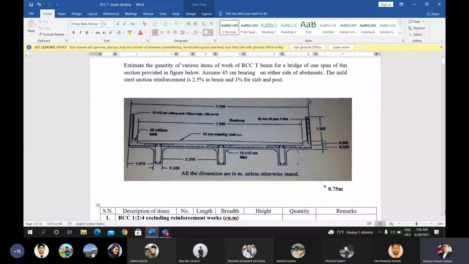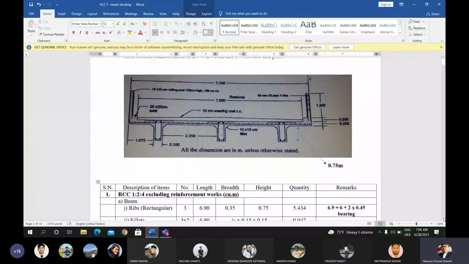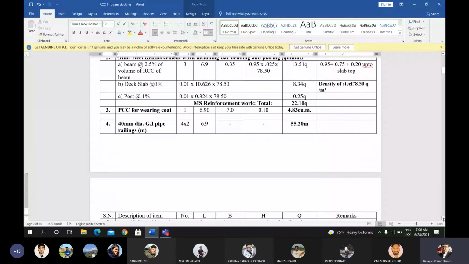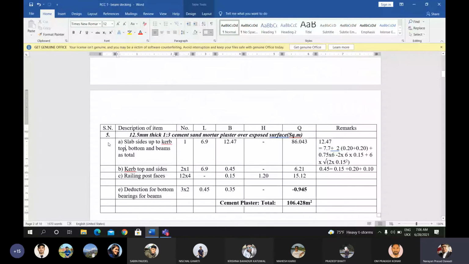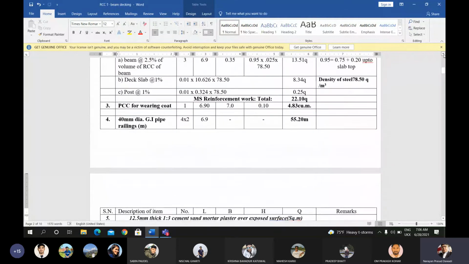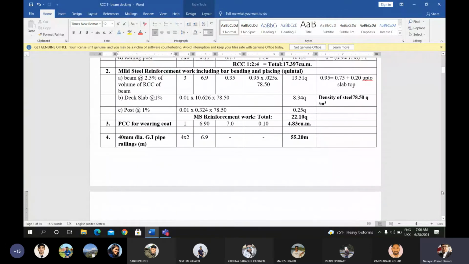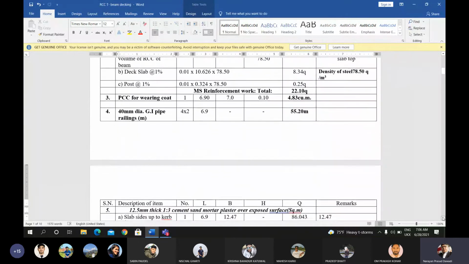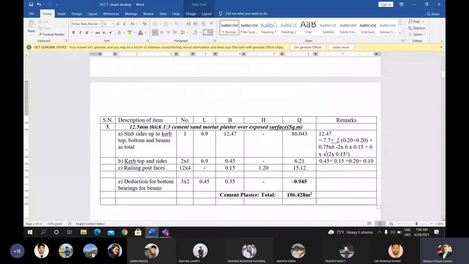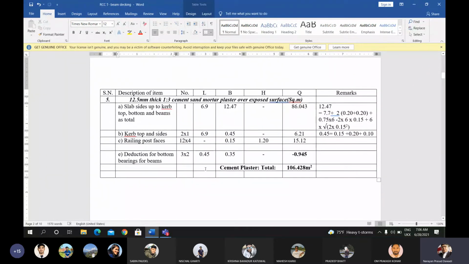With this figure, you can calculate. Up to serial number 4 is compulsory, and this serial number 5 is mandatory. Sometimes it may be asked in the examination also. In that case, you can do the plaster calculation like this.